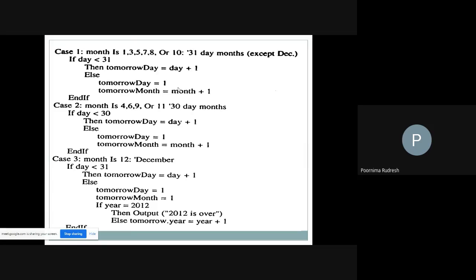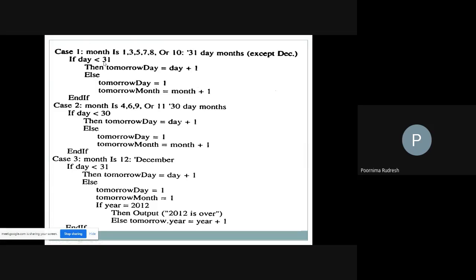October consists of how many days? 31 days. So if I give the day as 20, we check this condition: day 20 is less than 31. Yes, it satisfies, because 20 is less than 31. Hence, day is equal to day plus 1, so it is incremented by 1. The next day becomes October 21st.